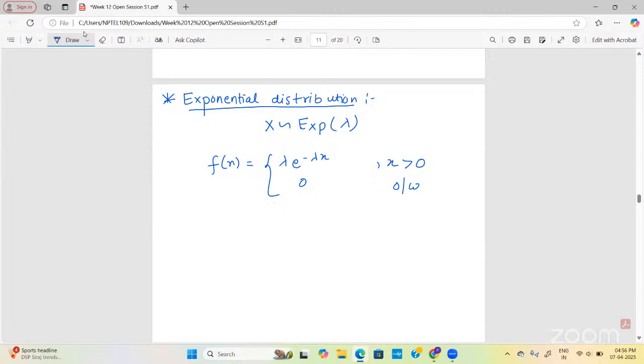Now I am explaining in brief where generally the exponential distribution is used. Basically, the exponential distribution is used in queuing theory. In queuing theory, we study the service time and inter-arrival time. Now, what is inter-arrival time and service time?